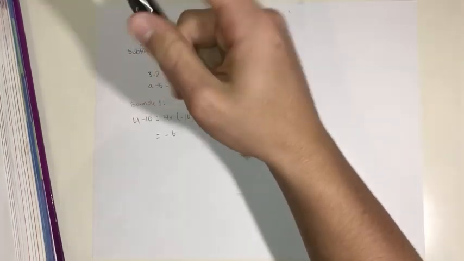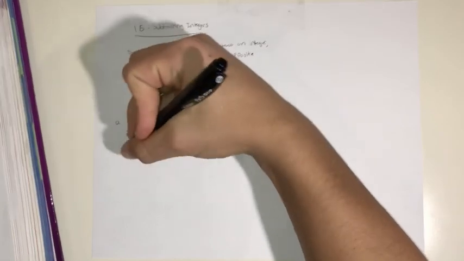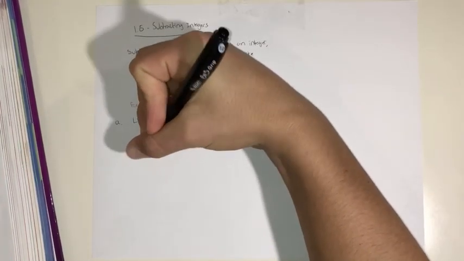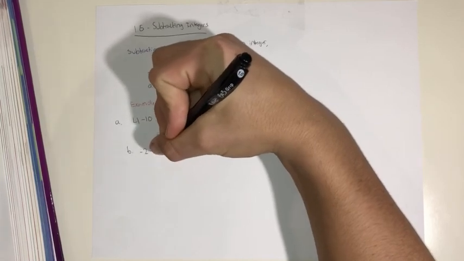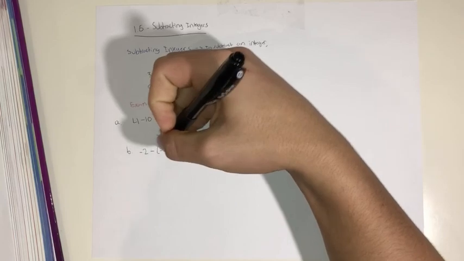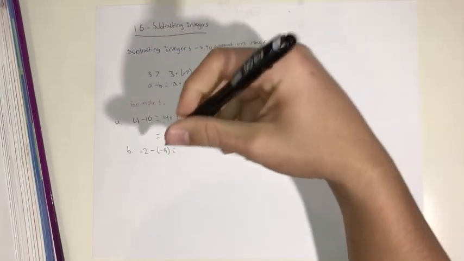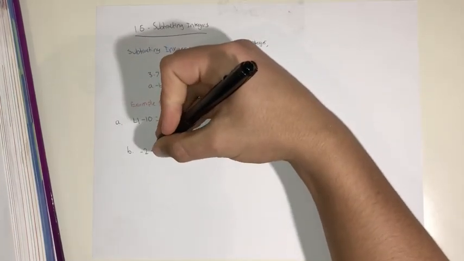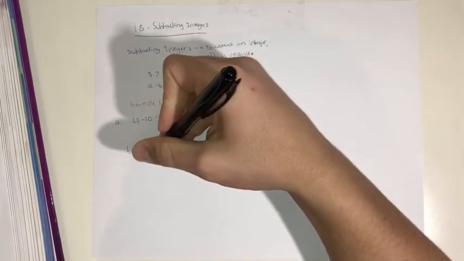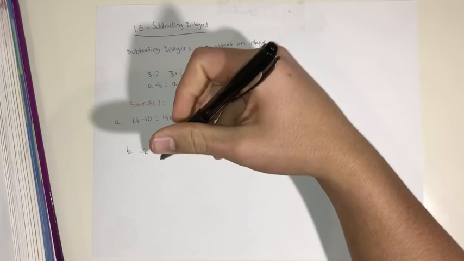This is A, and then B is negative 2 minus negative 9. Like I said two lessons ago, I think it was in 1.4, when you're subtracting a negative integer, I like to think of it as just adding a positive integer.